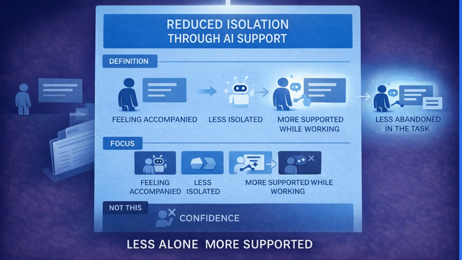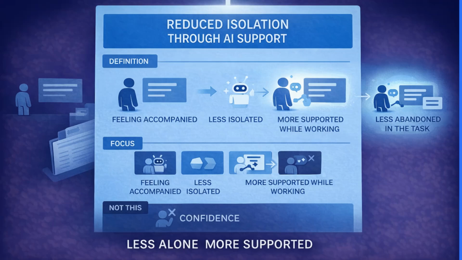So the codebook grows. A new entry may be added called Reduced Isolation through AI Support. The definition would clarify that this code captures moments when AI use reduces feelings of being alone, unsupported, or left to struggle independently. The focus areas might include feeling accompanied, less isolated, more supported while working, or less abandoned in the task.